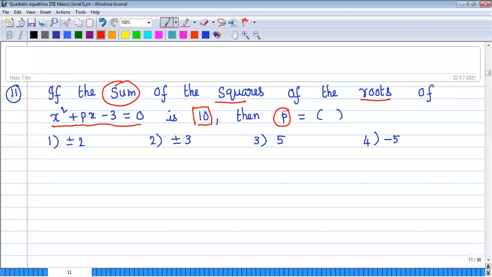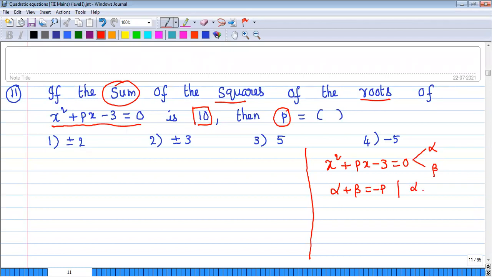So for example, x square plus px minus 3 is equal to 0 has two roots, alpha and beta. So we can find alpha plus beta. Alpha plus beta is equal to negative p. Alpha beta is equal to minus 3. What is given? The sum of the squares of the roots is given.